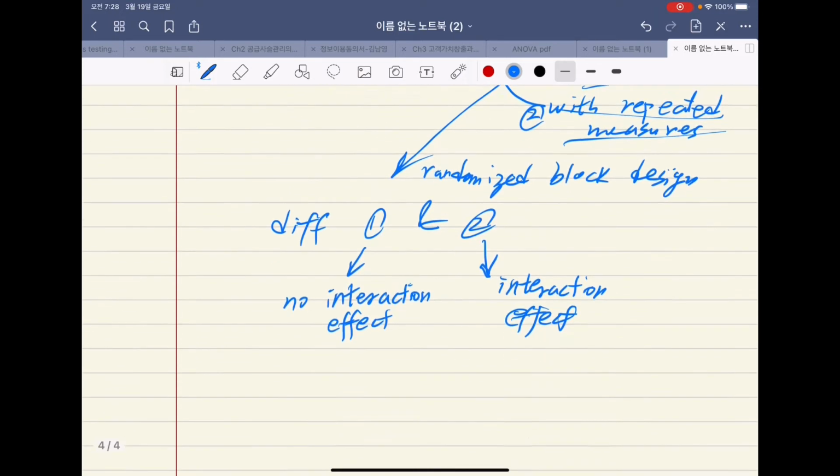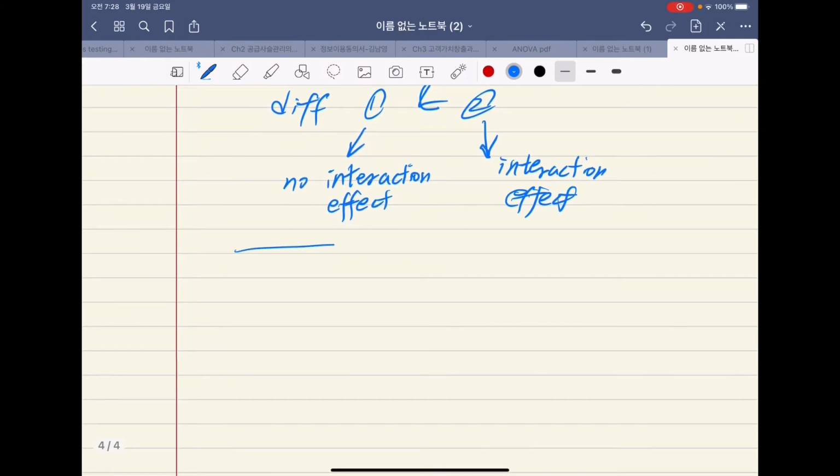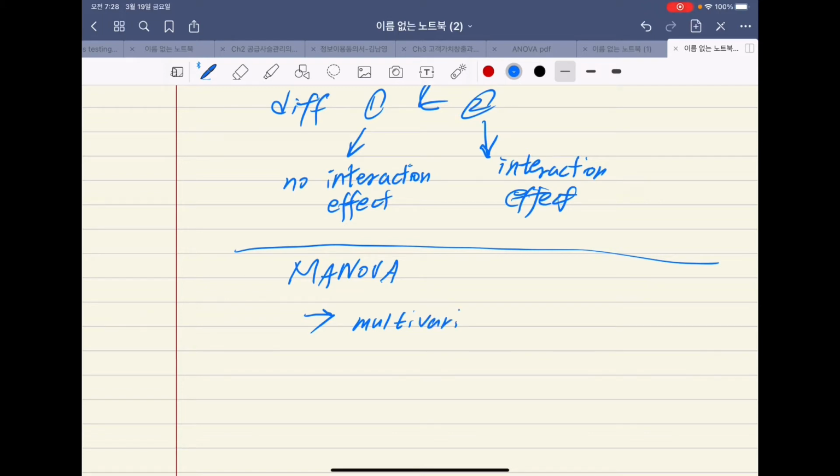And let's talk about a term called MANOVA, right? Sometimes you hear about MANOVA. This one is basically multivariate ANOVA.